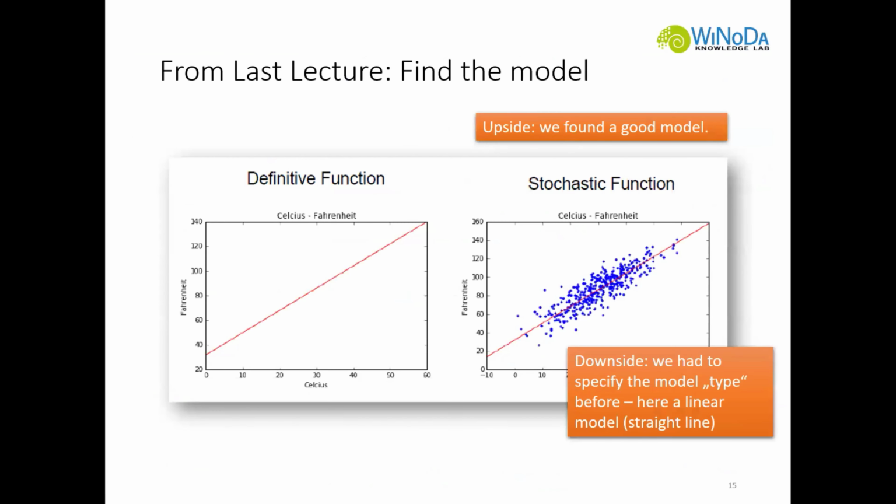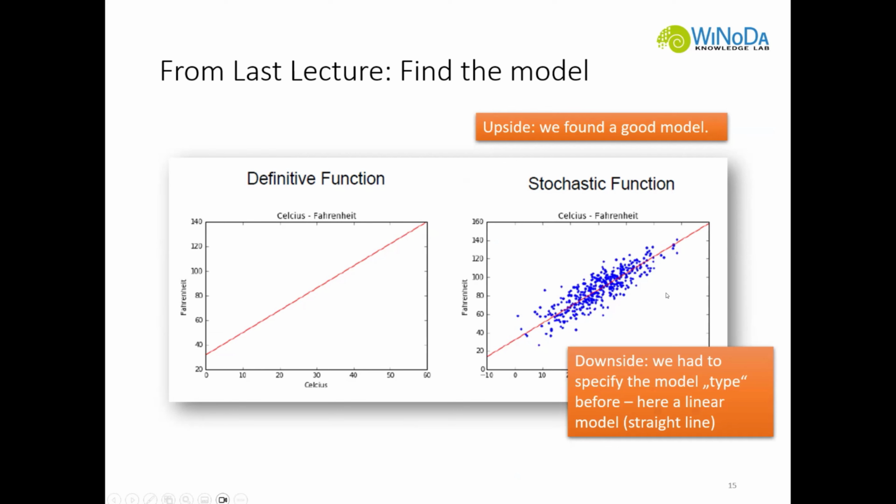Good. So just to focus a little bit on this last point. What we did 2 sessions ago, we had this problem where we were interested in finding a function or a mapping between Celsius and Fahrenheit. And what we did is that we collected data. These were our blue points here. And then we were looking for a model that would reflect the data that we collected.